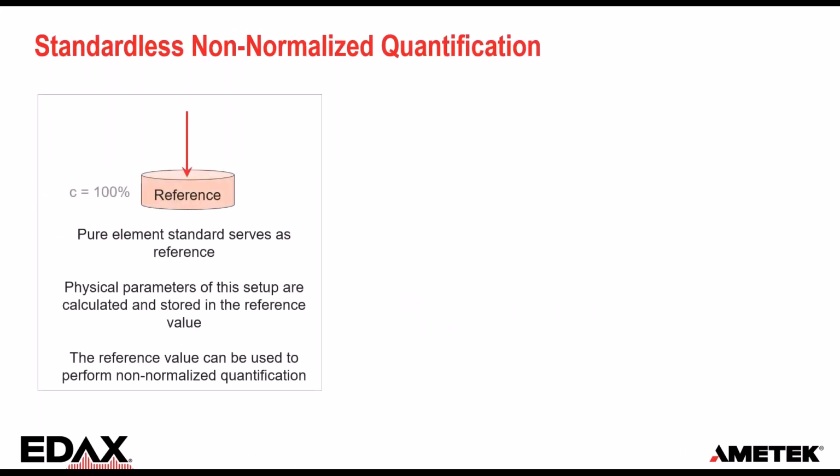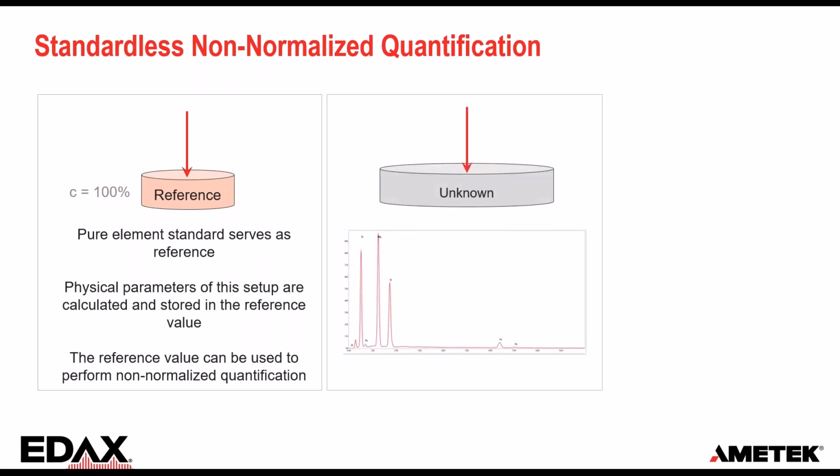To summarize, we measure a single element sample, standard or whatever, to calculate the physical parameters that I just called G of this setup, and then measure our sample under, and that's the important point here, exactly the same parameters.